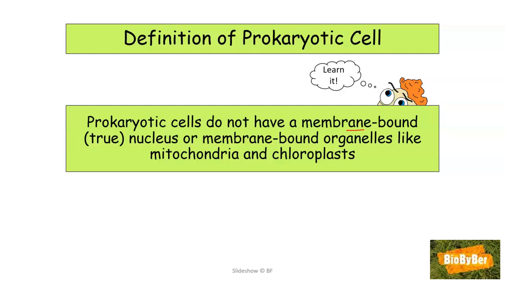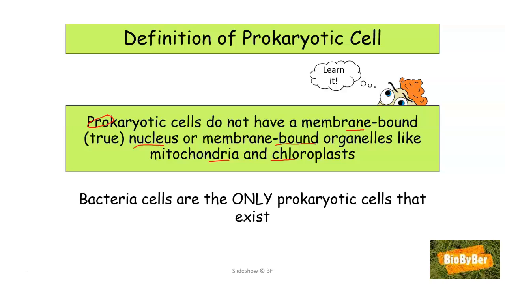They don't have membrane-bound organelles either, like mitochondria and chloroplasts. This was a very important definition that we had to learn and understand. So basically, in a nutshell, prokaryotic cells are very primitive, they don't have a proper nucleus, and they don't have organelles, cell structures like mitochondria and chloroplasts.